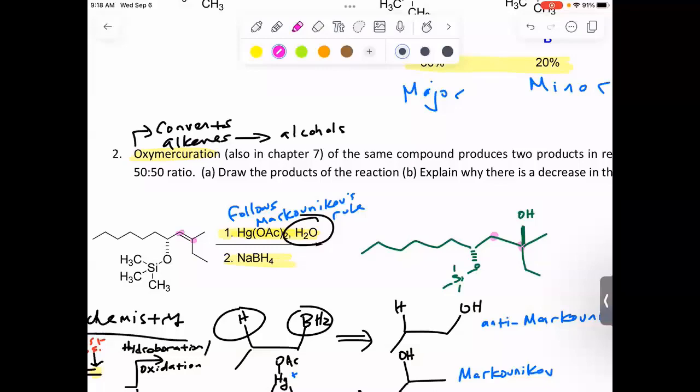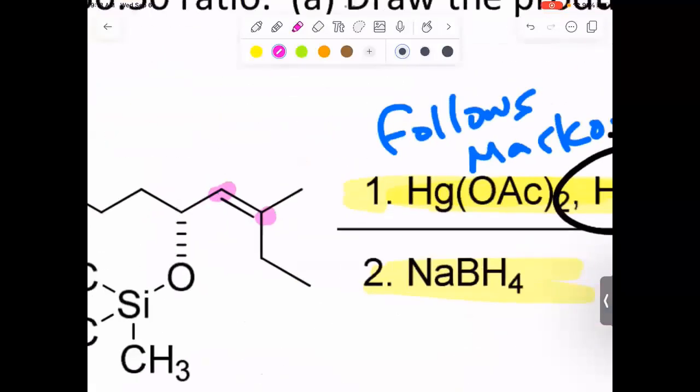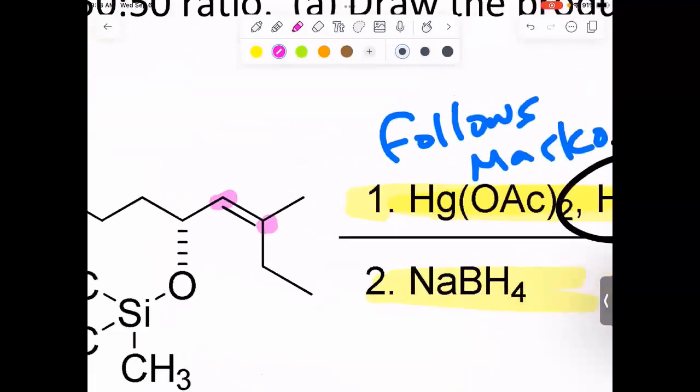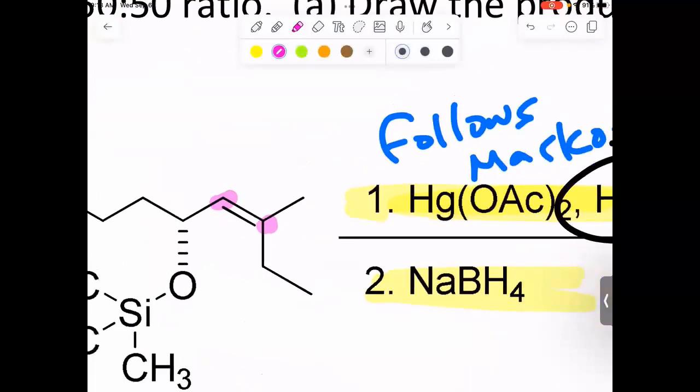What do you mean by more substituted? So if you look at the alkene carbons themselves, the alkene carbon on the right has 2 carbons attached to it. You agree with that? Yes.